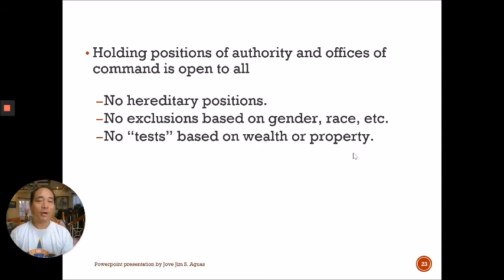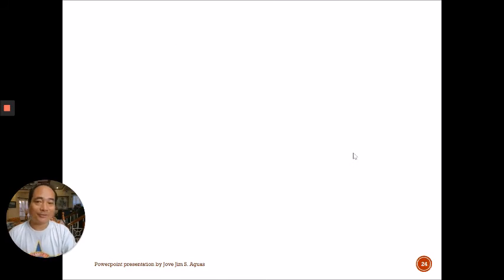We have a counter example of this in our society today. There is so much injustice, exclusion based on gender and race, and no test based on wealth or property. Oh, come on, right? So we have good examples, but these are counter examples.